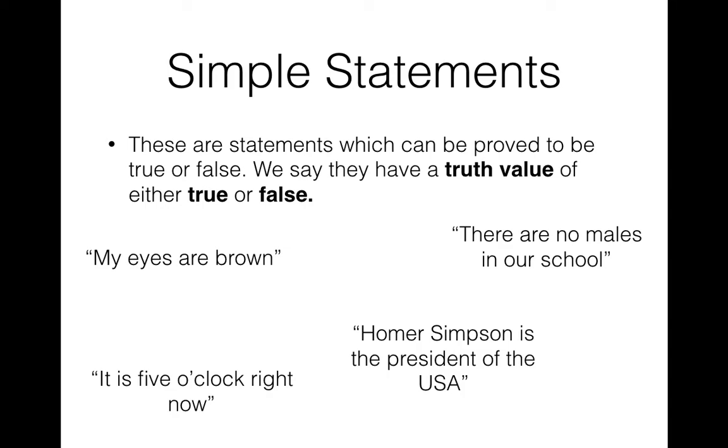Well, I know that's not correct, it's false, but it can have that truth value of false. So it is a simple statement. Same with Homer Simpson is the president of the USA, and it is 5 o'clock right now. Obviously, it is 5 o'clock right now will change depending on what time it is, but it can have a truth value, either true or false.